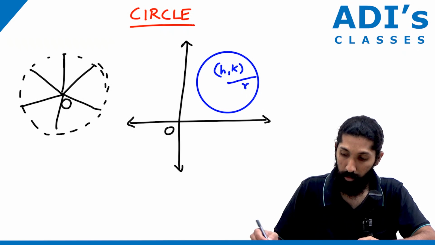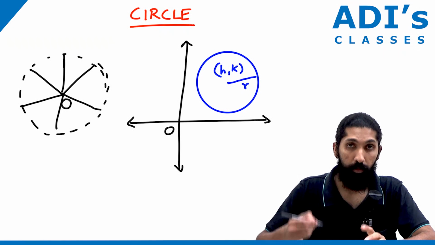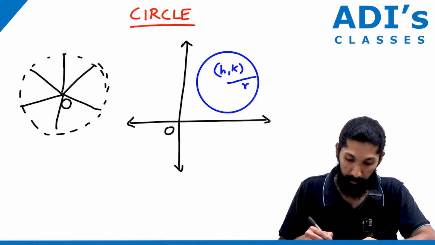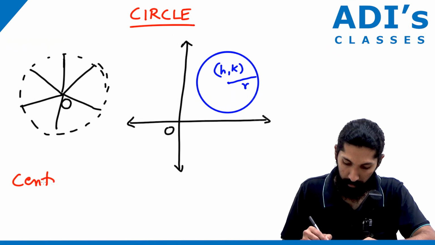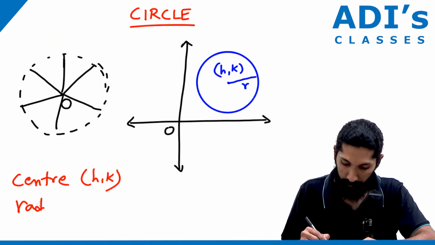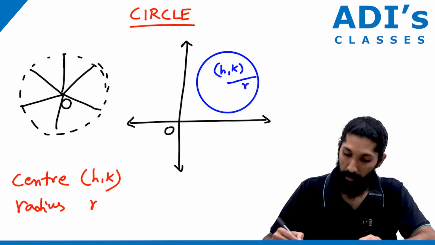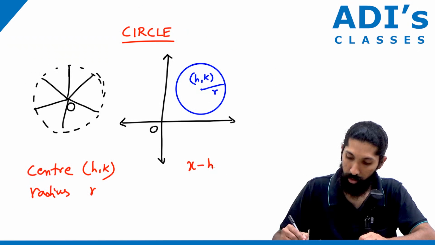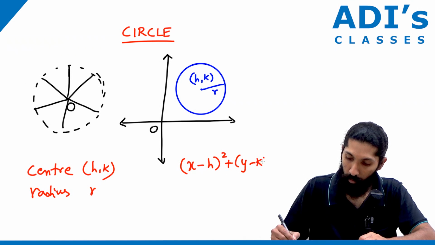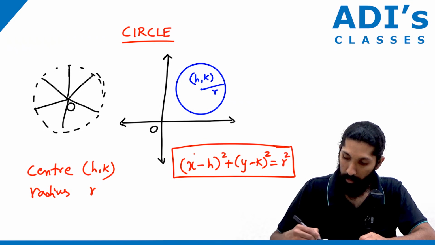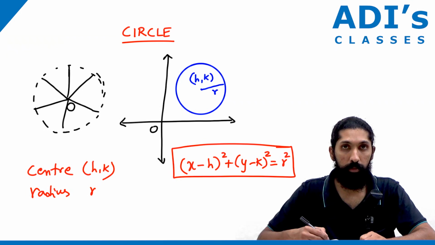So for this circle, whose center is h comma k and whose radius is r, the equation of the circle becomes x minus h whole square plus y minus k whole square is equal to r square. This is the equation of the circle.